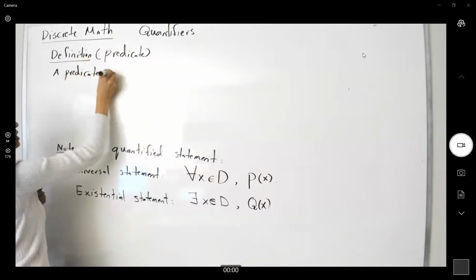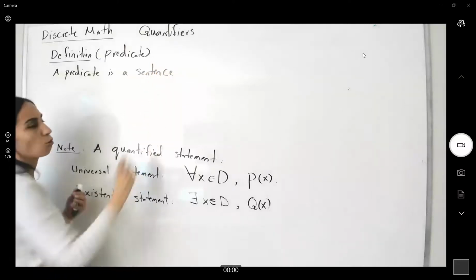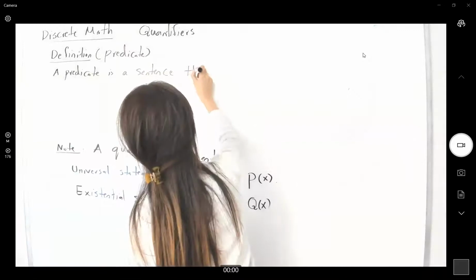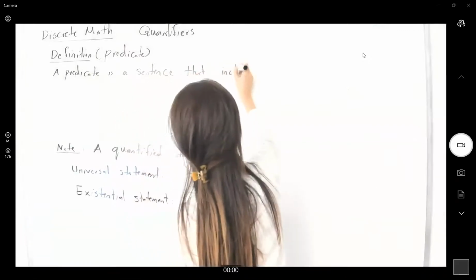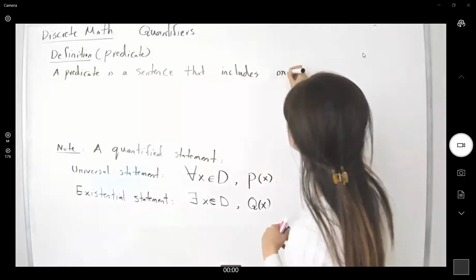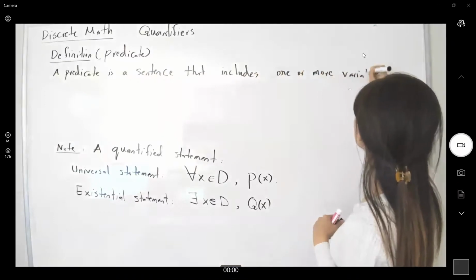A predicate is a sentence, or it can be a formula, anything that includes one or more variables.